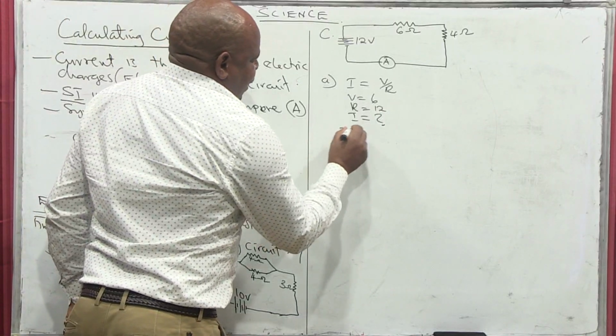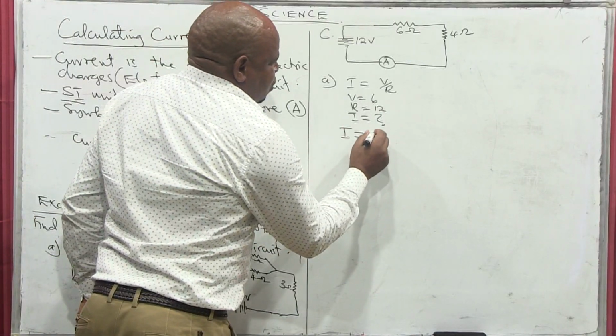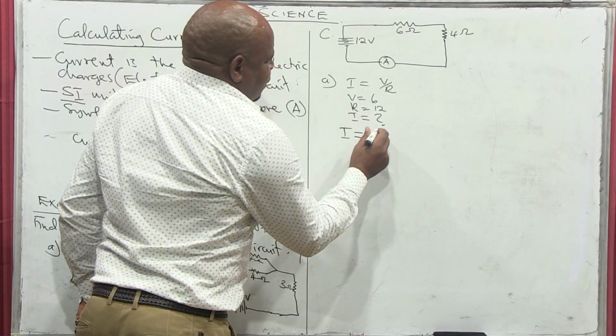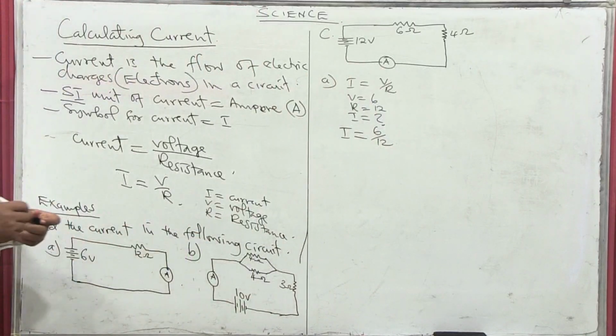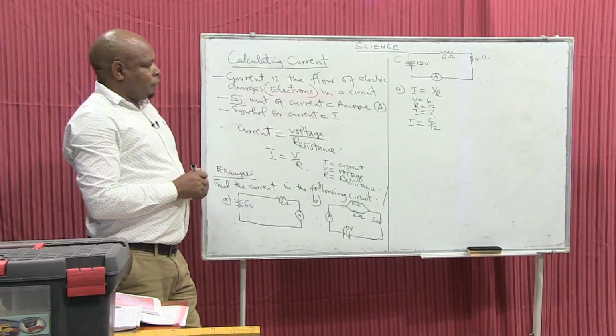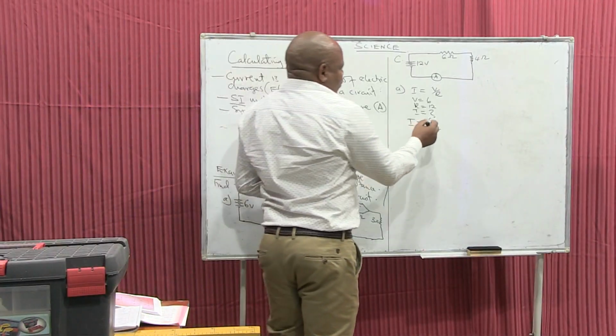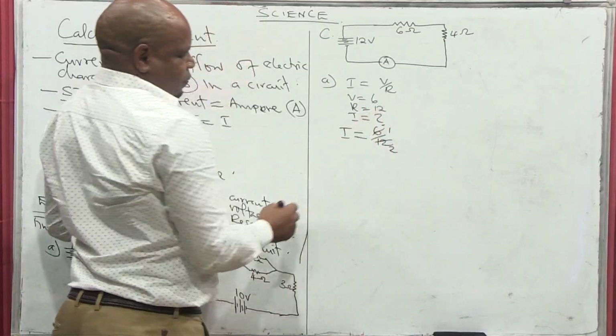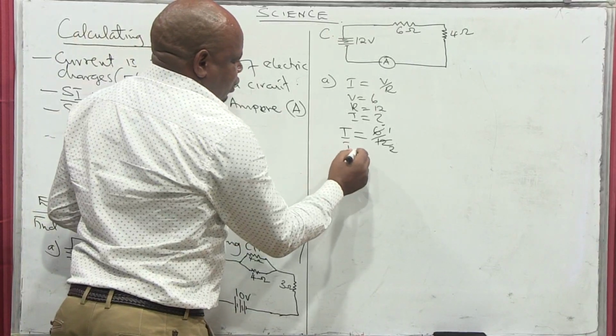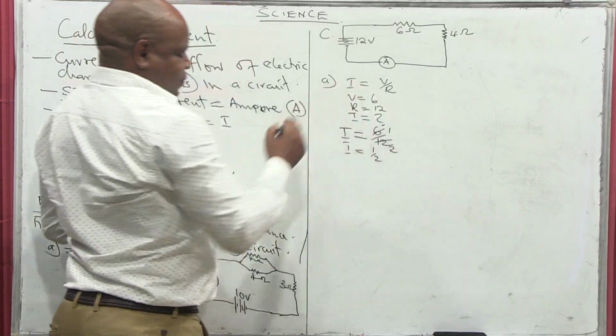So our current is equal to 6 divided by 12. 6 here goes once, here twice. I is equal to a half.